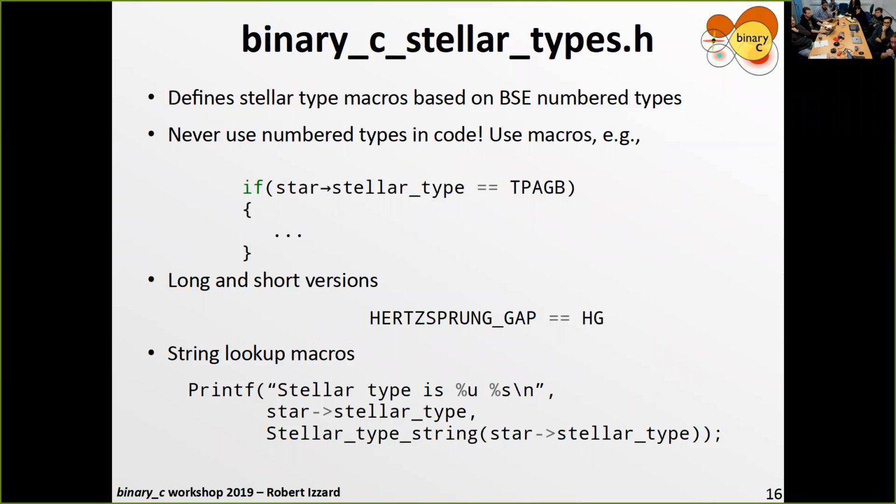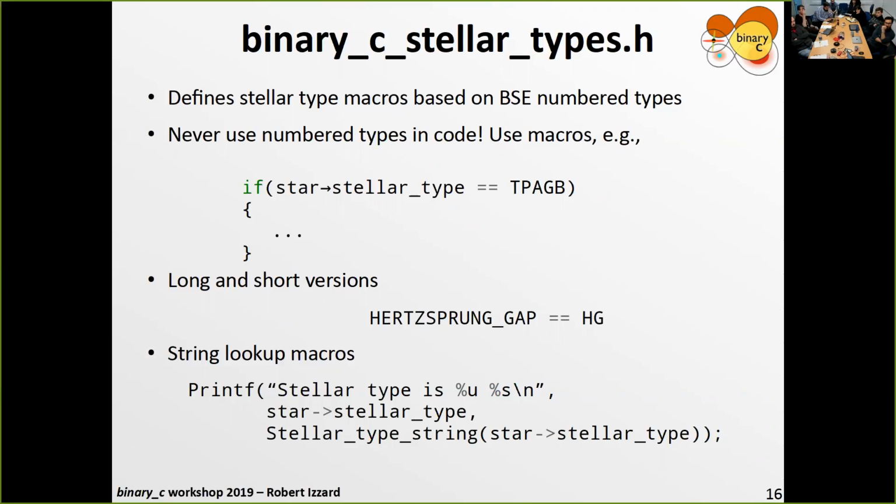Now, useful one, binary C Stella types. Now remember I said to you that Stella types were numbered 0, 1, 2, 3, 4, and so on. In this file, they are given macros which you should use. For example, Hertzsprung gap here, or HG. There's also giant branch, or GB, or core underscore helium underscore burning, or CHEB. Or something. I mean, they have short forms and long forms, because it's just easier.